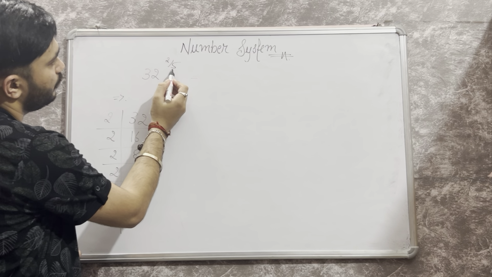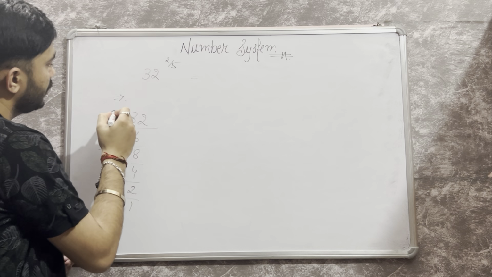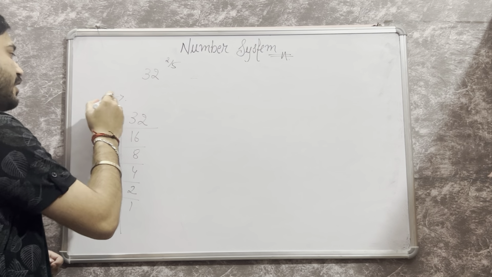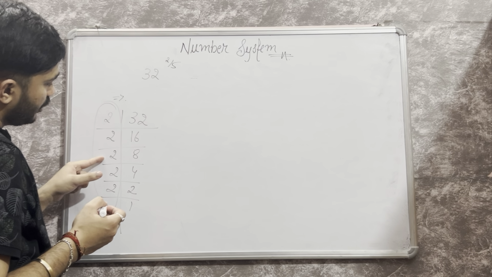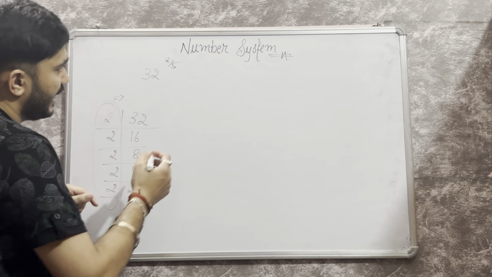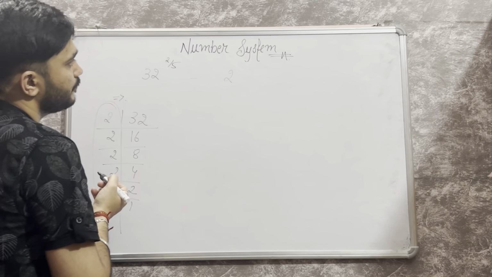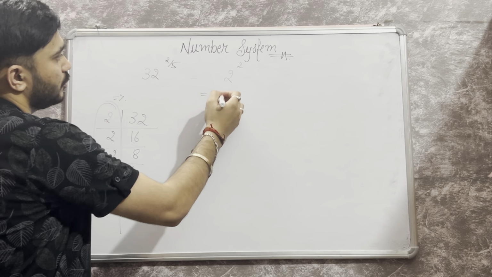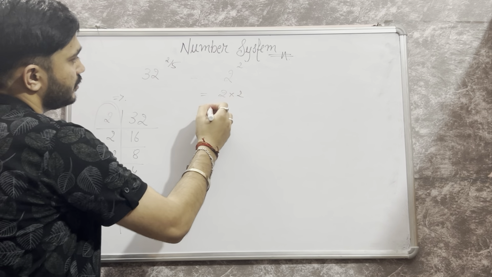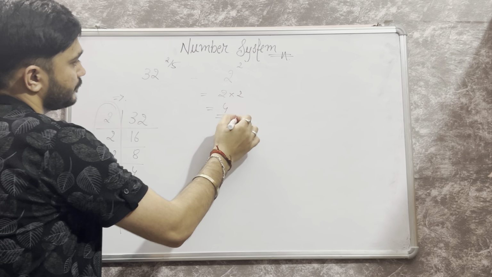Since in the denominator we have the number 5, we are going to pair 5 numbers together. After pairing it, you are going to write this whole as one number. So the answer will be 2. In the numerator, write this number to its power. So 2 power 2 is 2 into 2. So the answer of this question is 4.